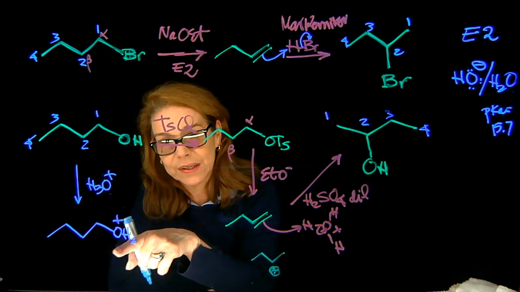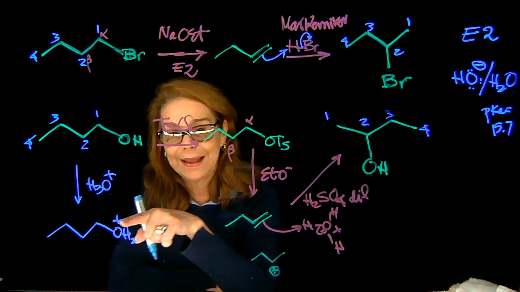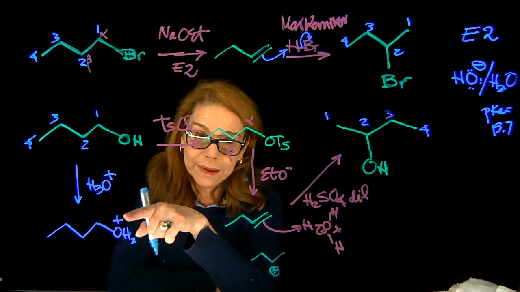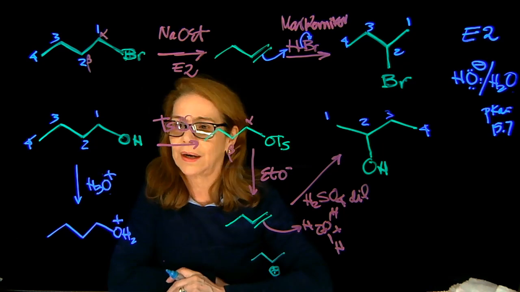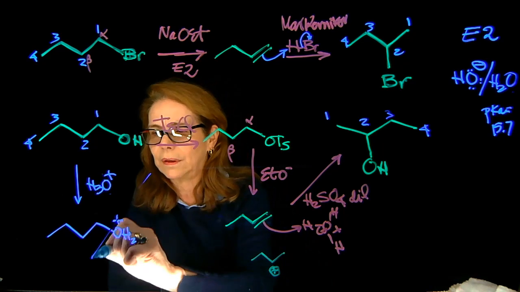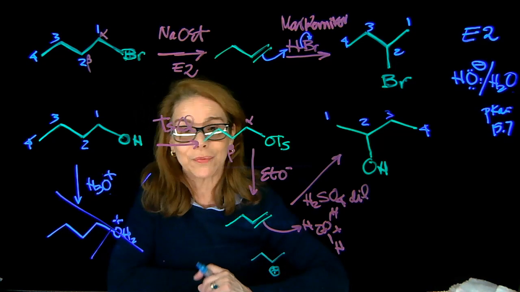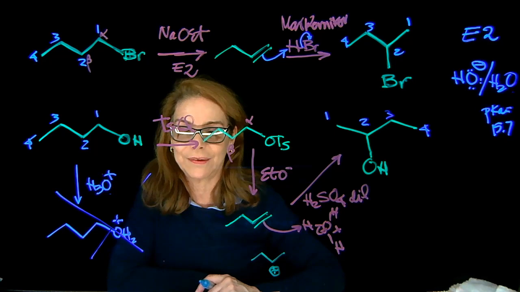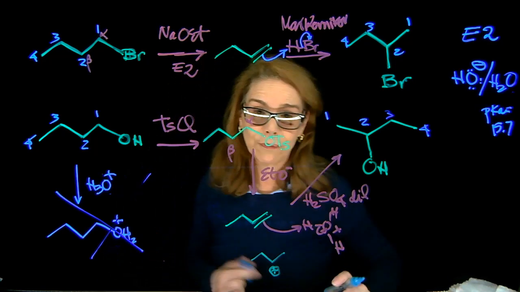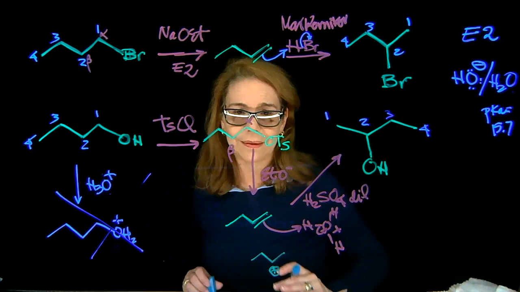But this strategy would work if we had a secondary, or better yet, tertiary carbocation. So this path is not available here because it's unstable. We're not forming a primary carbocation. So that path doesn't work.